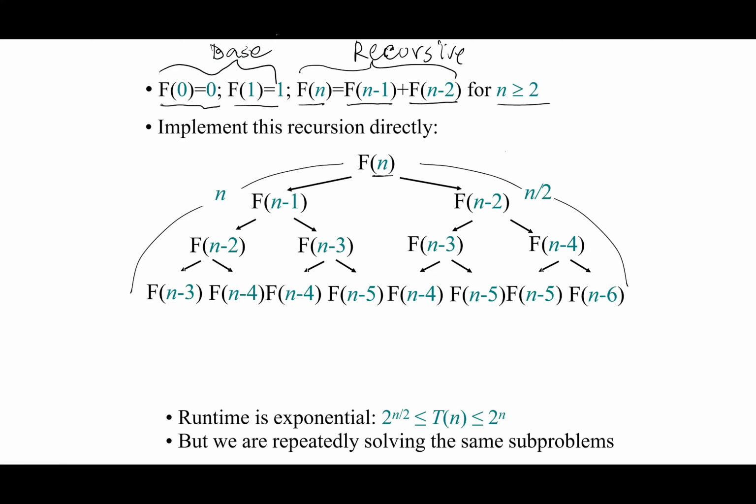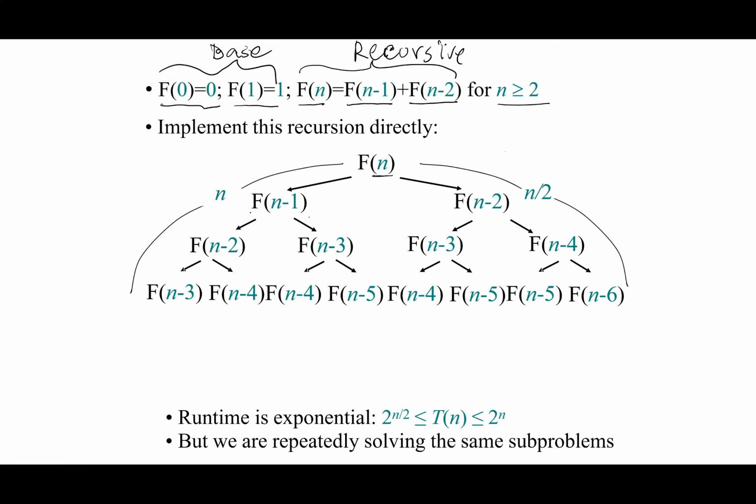Okay, so if I draw the function calls like a tree, it will look like this. So for Fibonacci of n, it will make two calls, Fibonacci of n minus 1 and Fibonacci of n minus 2. It will make these two calls, okay? And then it will add them up. So you see that Fibonacci of n breaks down into two smaller problems, right?